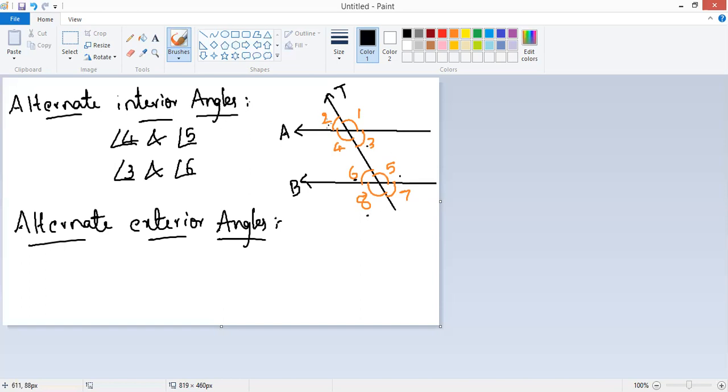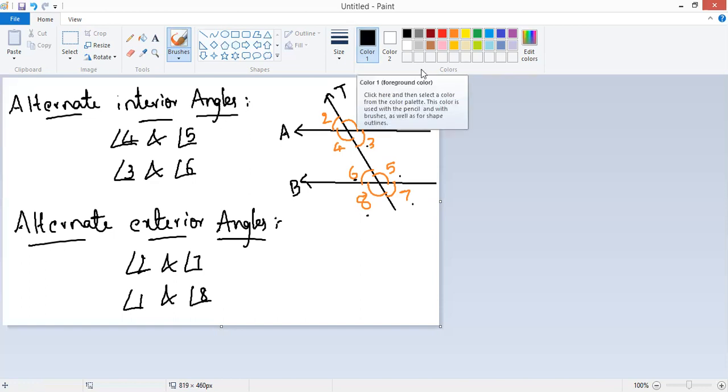Angle 2 and angle 7 are on opposite sides of the transversal, so angle 2 and angle 7 is one pair and angle 1 and angle 8 is another pair. The values of pairs of alternate exterior angles are always equal.